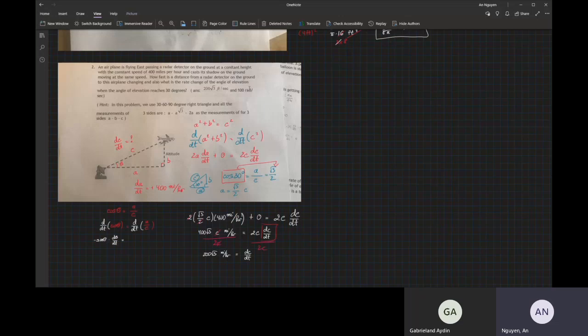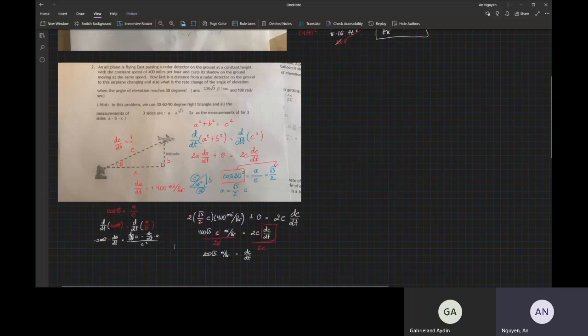For A over C, this is the quotient rule. So the derivative of the first, dA dt times C, minus dC dt times A, over C squared.